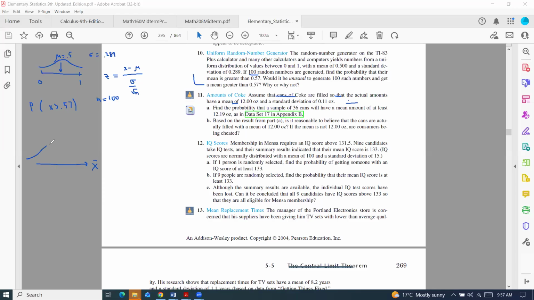But what they care about is to say if the actual average has to be 0.5, what if it happened that the average is more than 0.57? Is it possible? What's the chance of this to happen? What's the probability of that? So what's going to be the area, in other words, for that interval?